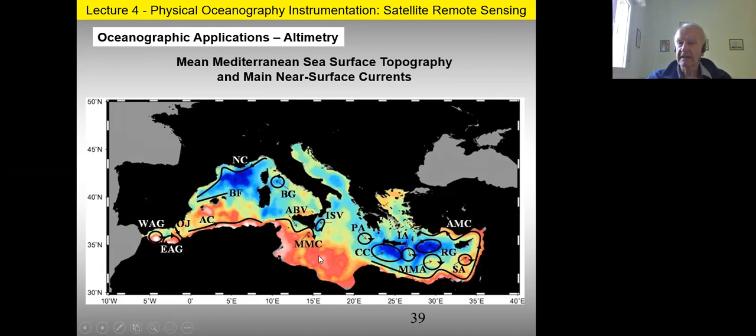You can see that there are not only these basin-scale flows, but also a certain number of mesoscale structures, cyclonic or anti-cyclonic, clockwise or anti-clockwise, which are more or less permanent. They even have names because they are almost always there.